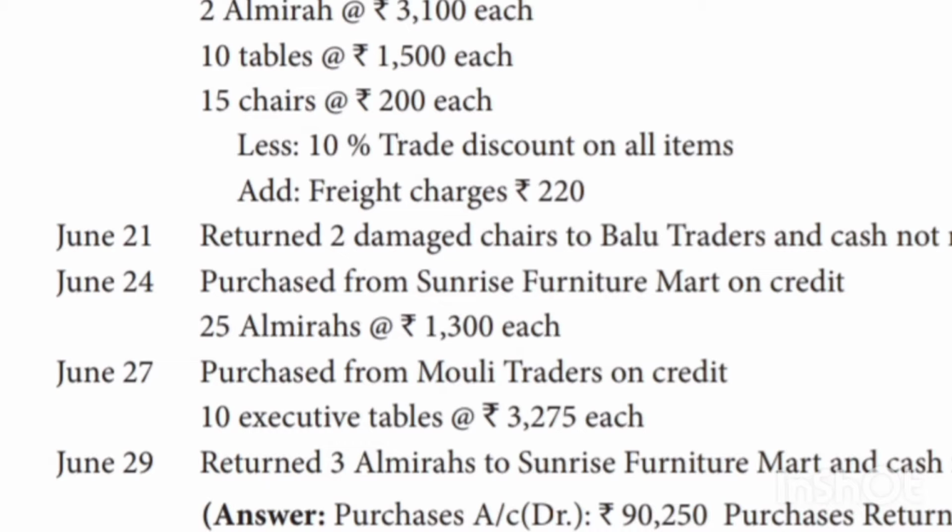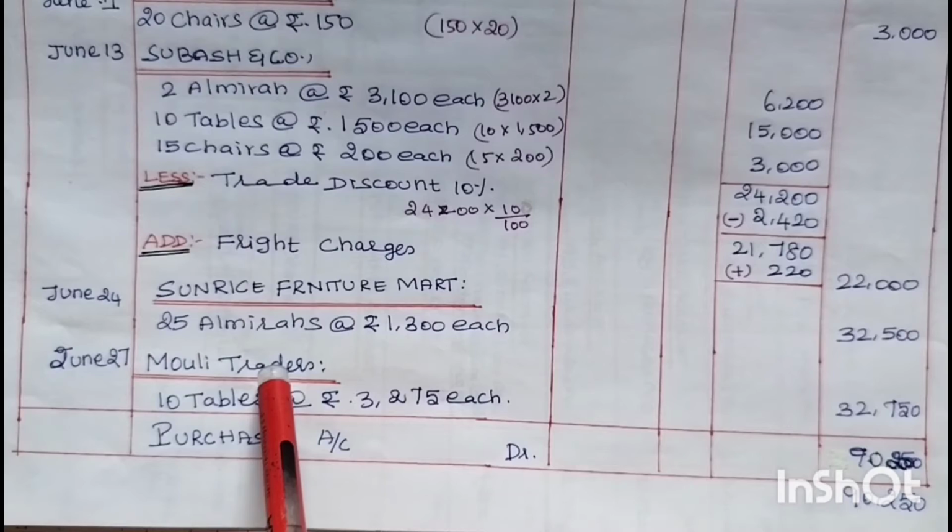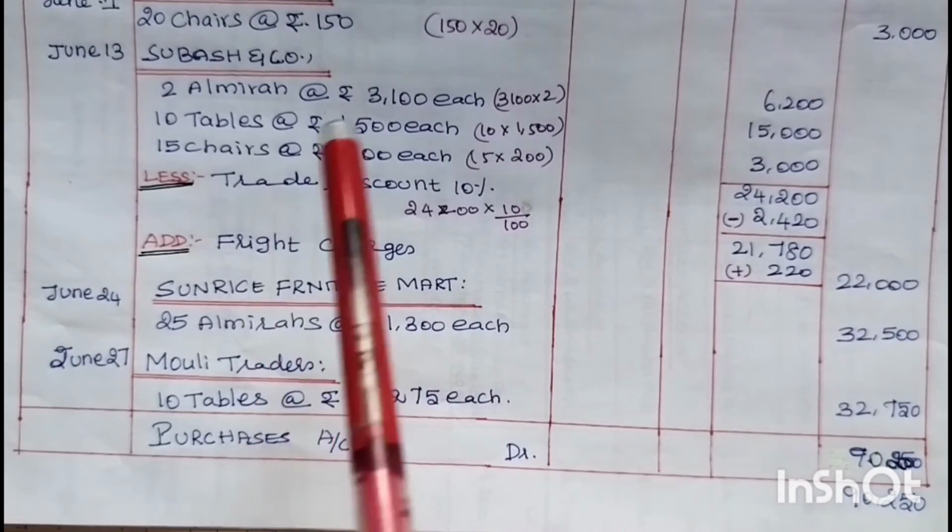That is June 27: purchased from Mauli Traders on credit 10 executive tables at rupees 3,275 each. What does this transaction tell us? This transaction clearly tells us this is a credit purchase. So we have to enter this transaction into the purchases book.